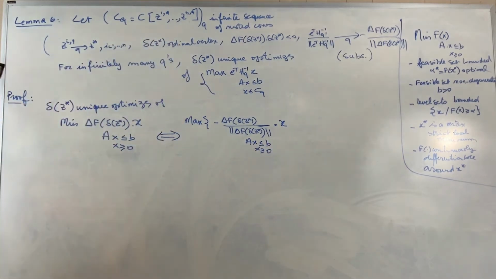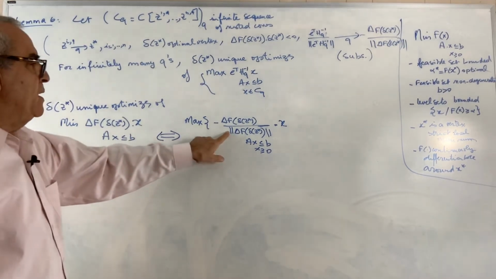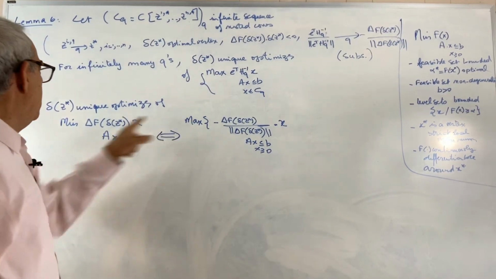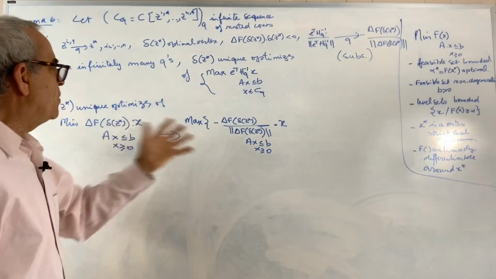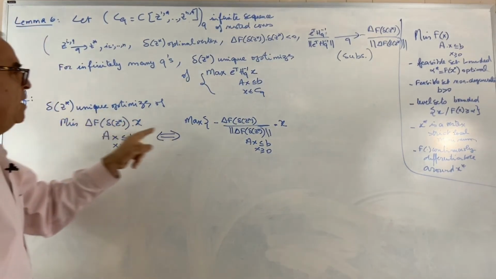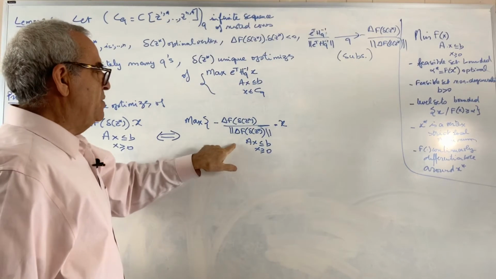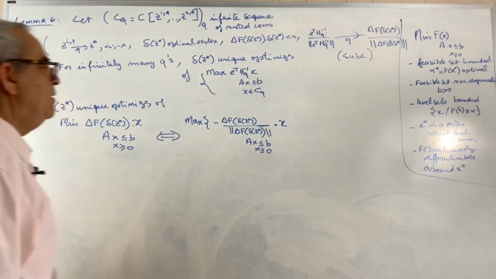Okay? All I did from here to here, I divided by a constant, the norm of delta F of Z star, and instead of the min, I did maximum of the minus. So the two programs are equivalent. So delta Z star is the unique optimizer of this LP. All right?